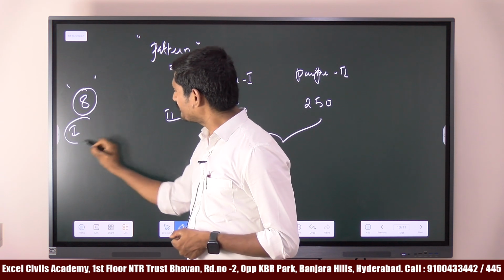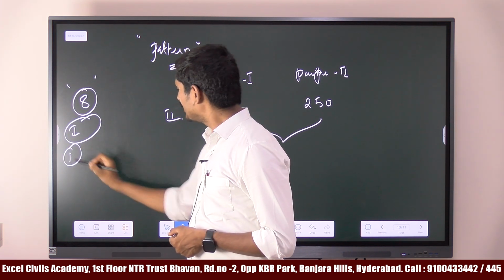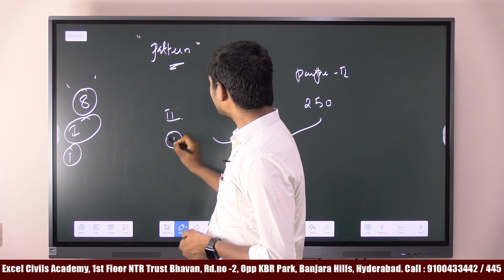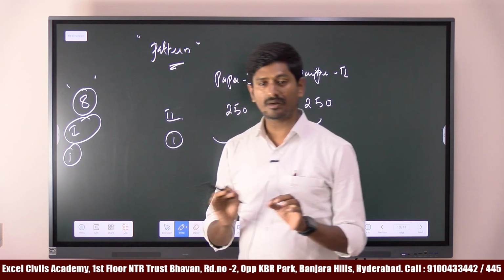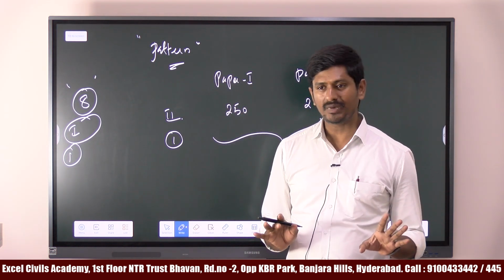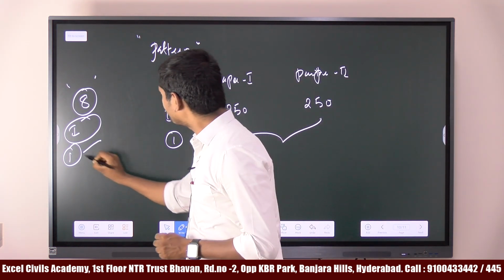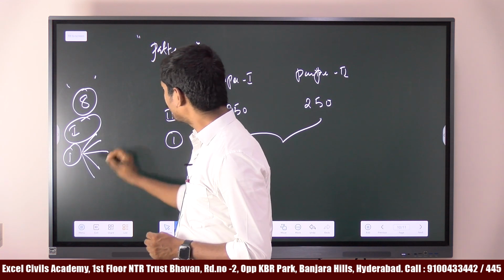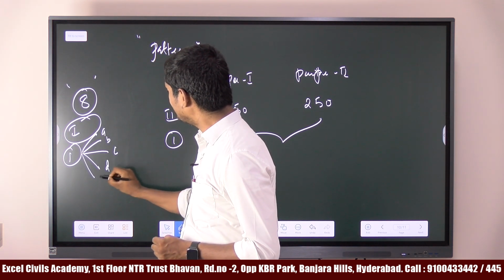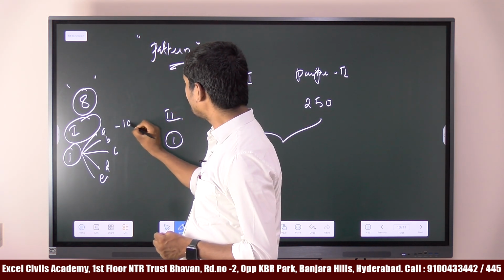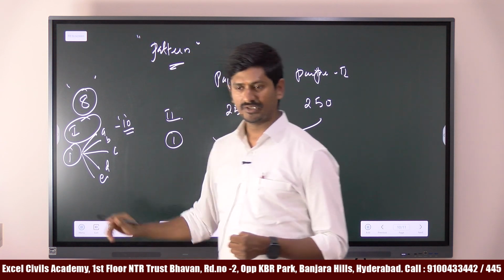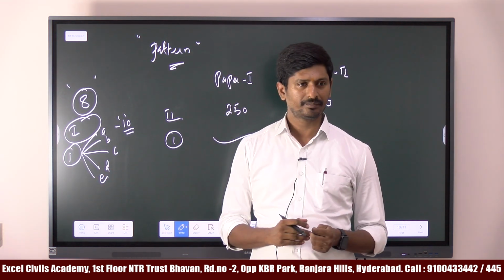The first question in section 1 and the first question in section 2 are both compulsory questions. Each consists of 5 parts, A, B, C, D and E. Each carries 10 marks.